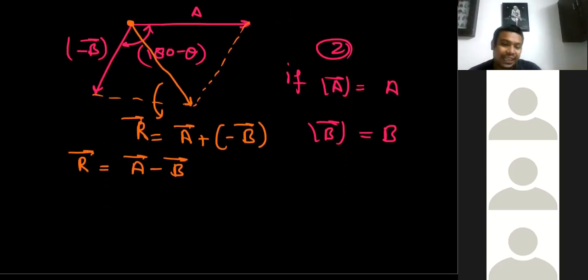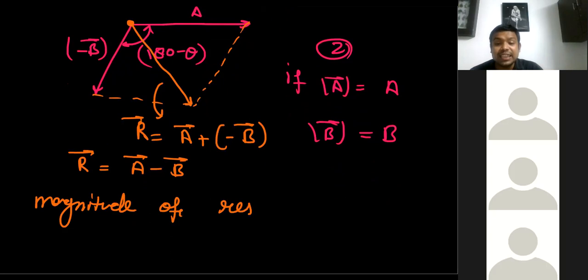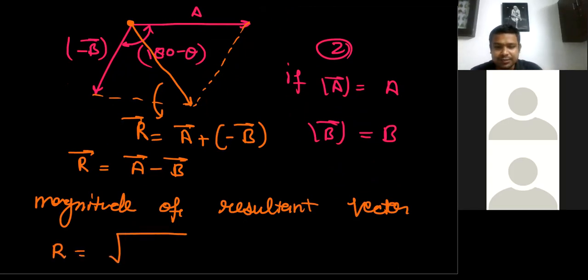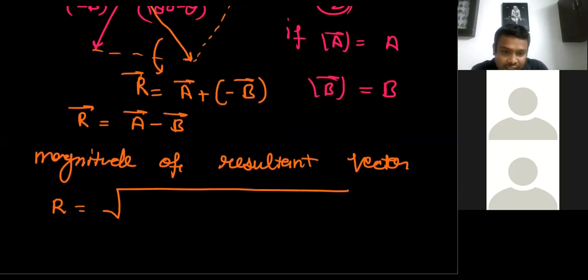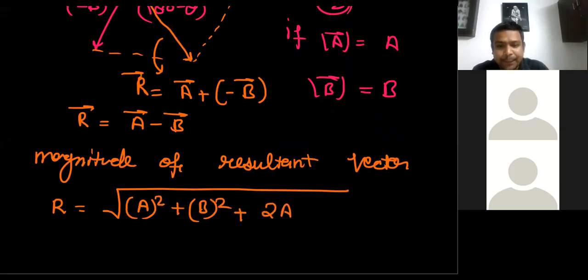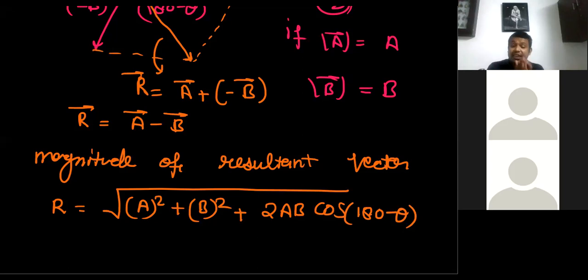So my dear friends, for the magnitude of the resultant vector in the law of parallelogram, the formula is the square of the magnitude of vector A plus the square of the magnitude of vector B plus 2AB cos of the angle between vector A and vector B. And in subtraction, the angle between vector A and vector minus B is 180 minus theta.